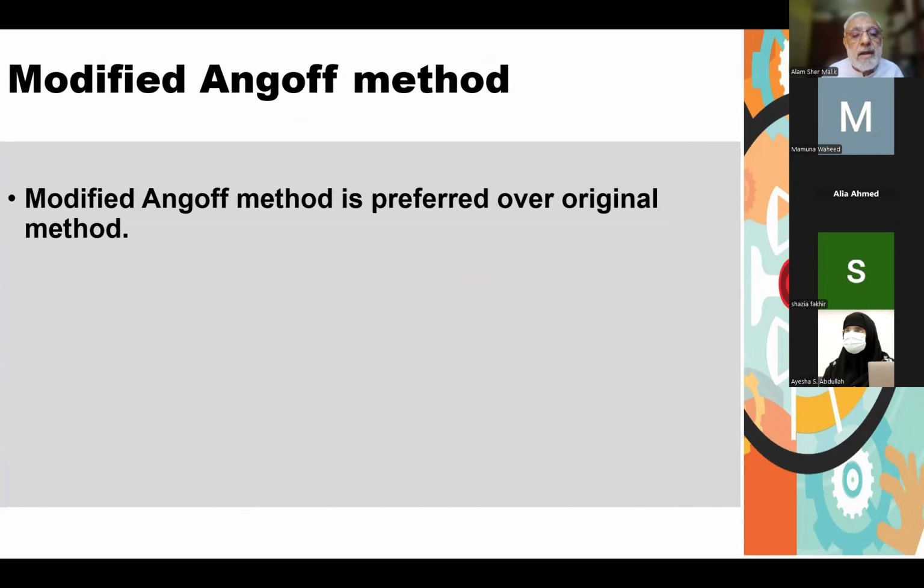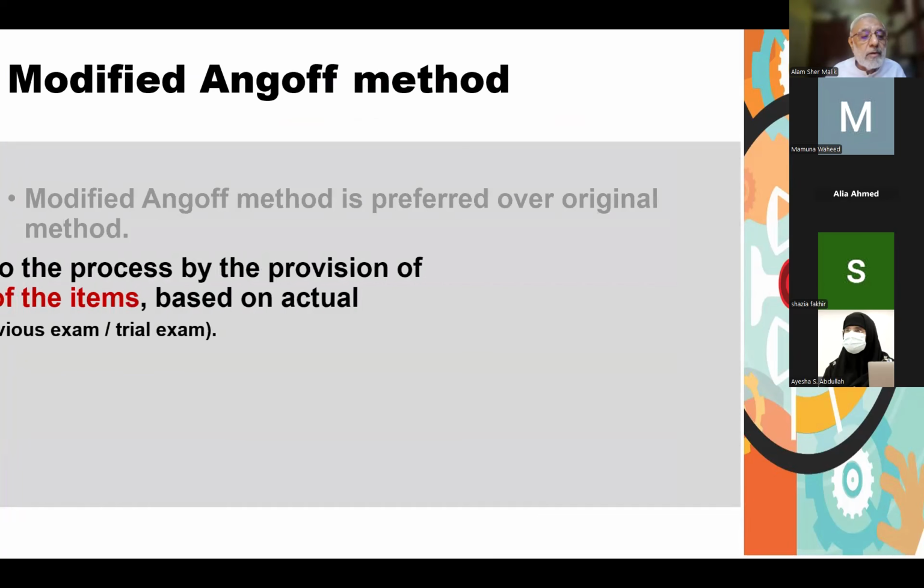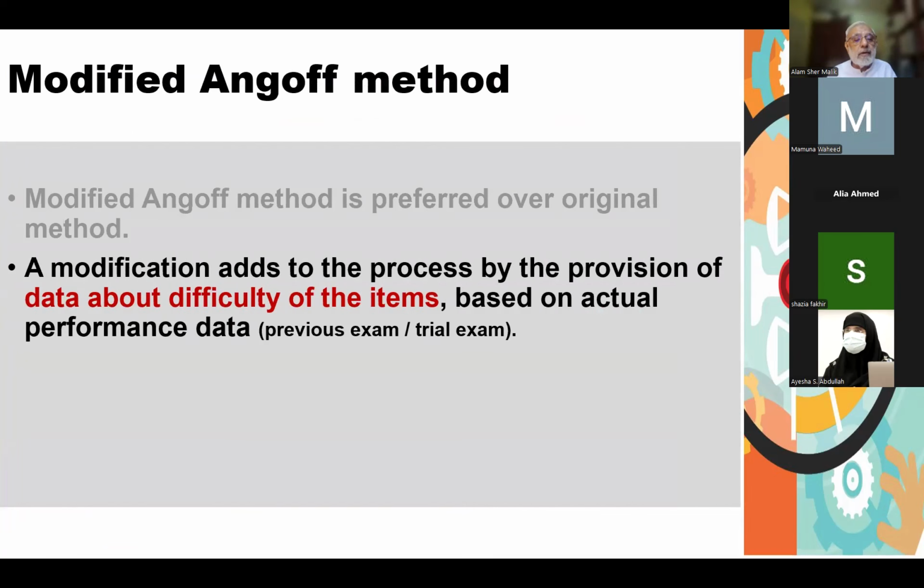The modified Angoff method is preferred over the original method. The modification adds to the process by providing data about the difficulty of the items based on actual performance data.